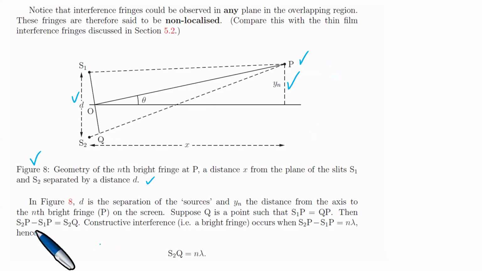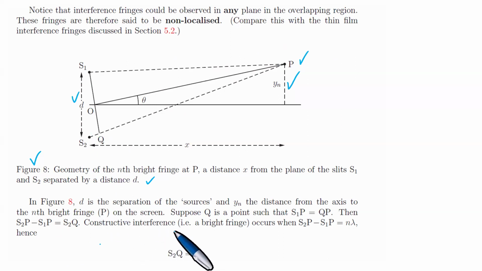Then S2P minus S1P is equal to S2Q. So S2P, which is this one, minus S1P is equal to this small difference here, S2Q.